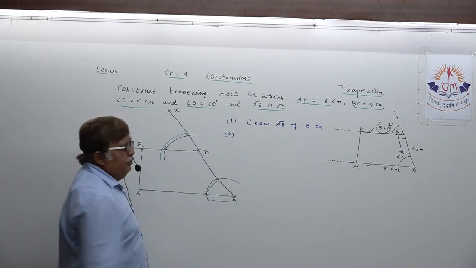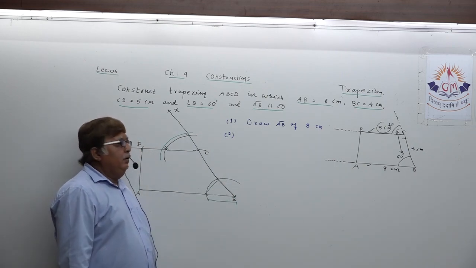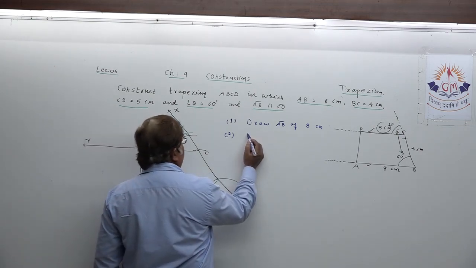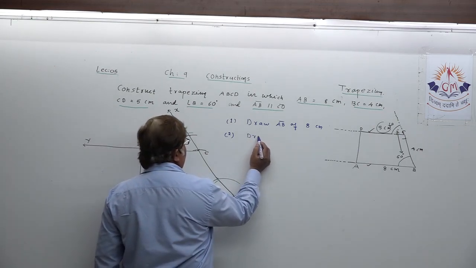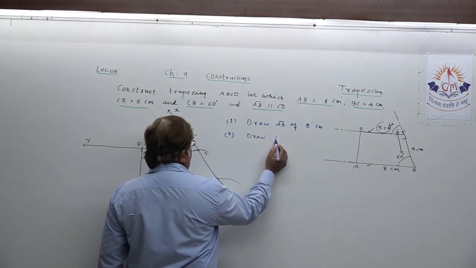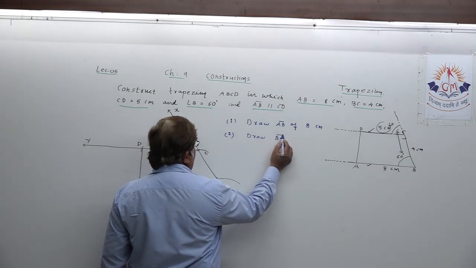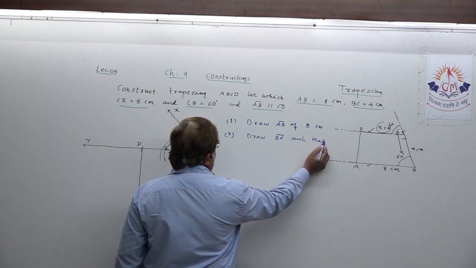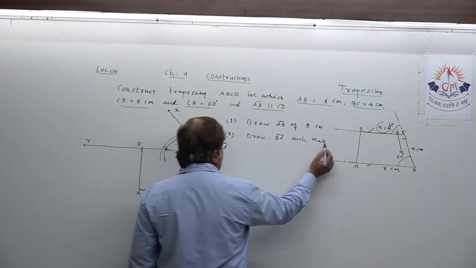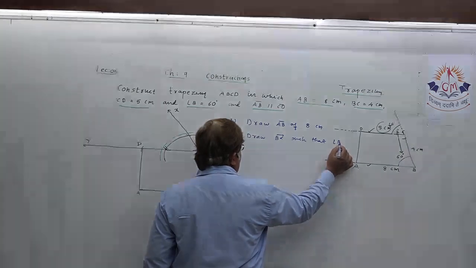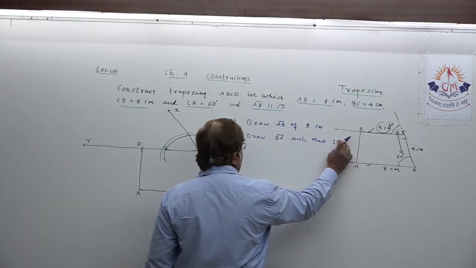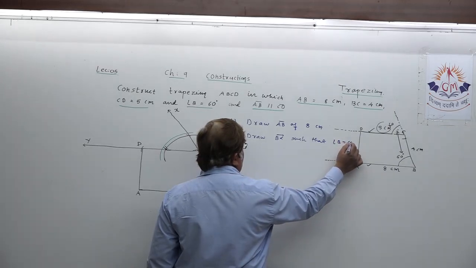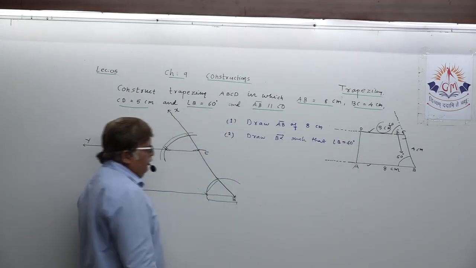The second step, draw ray BX such that angle B equals 60 degree.